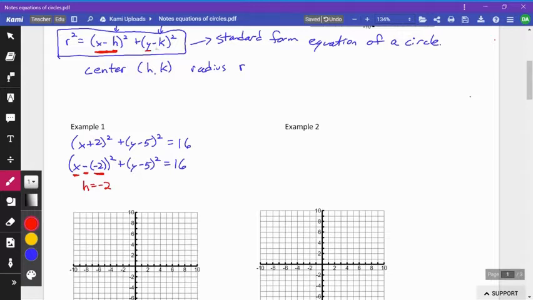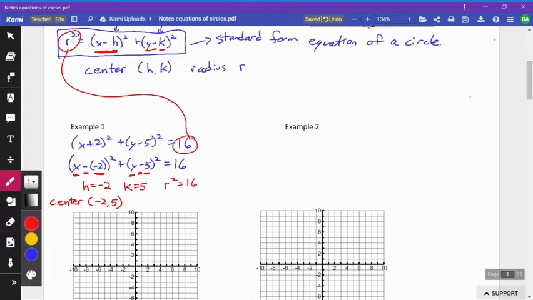Here I'm looking at y minus k, and I have a y minus a 5, so here k is going to equal 5. So what that tells me is my center is negative 2, 5. And I know that the equation is r squared, so that is going to be the 16. So r squared equals 16. So in this case, r is going to equal 4.